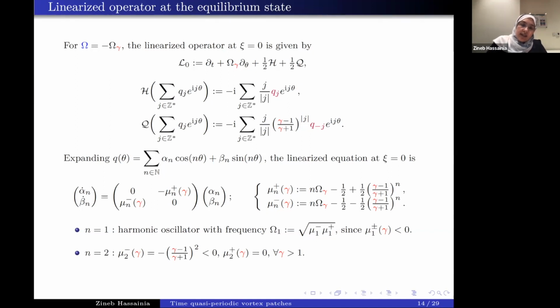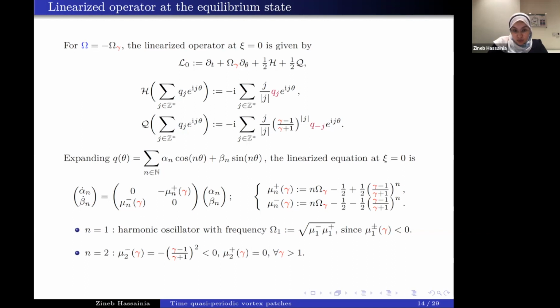And then depending on the signs of the entries, mu n minus and mu n plus, we have either harmonic oscillators or hyperbolic repulsors. If they have the same sign, then we have a harmonic oscillator. If they have opposite sign, then we have hyperbolic directions. So for n equal to 1, we have a harmonic oscillator for all values of gamma.